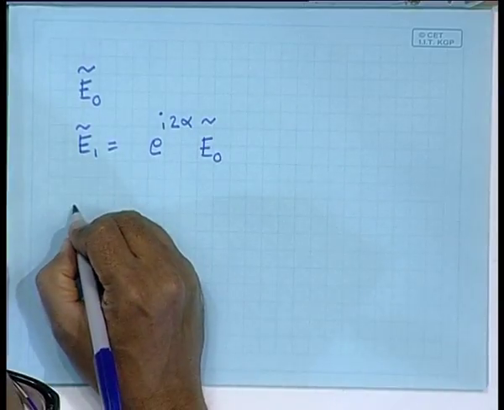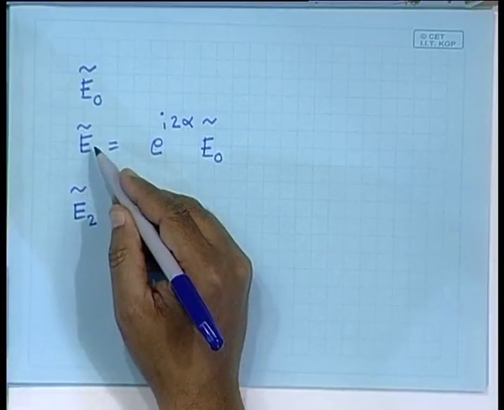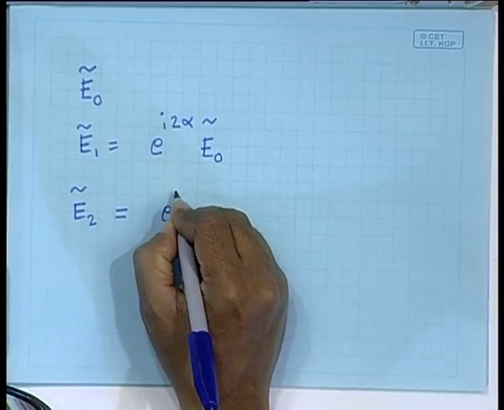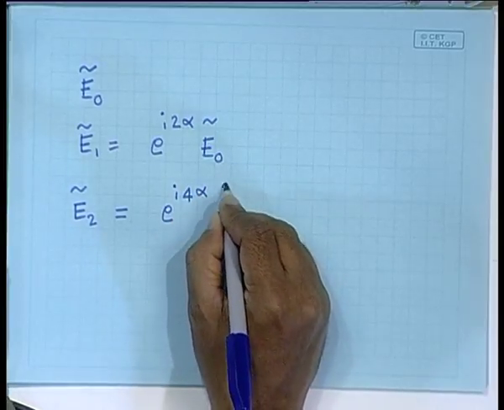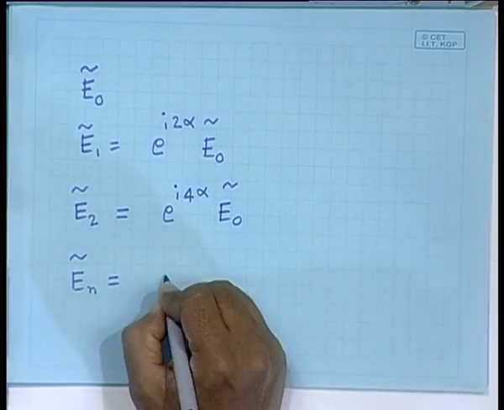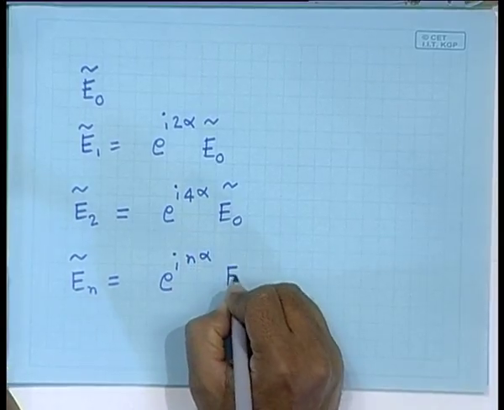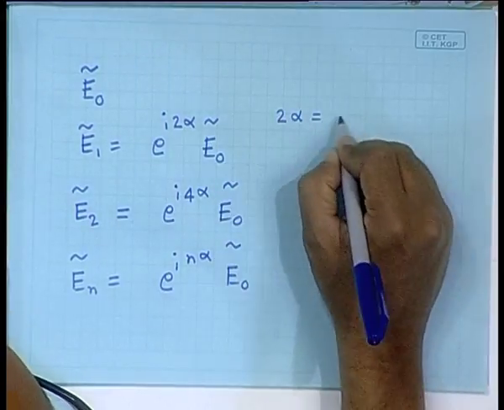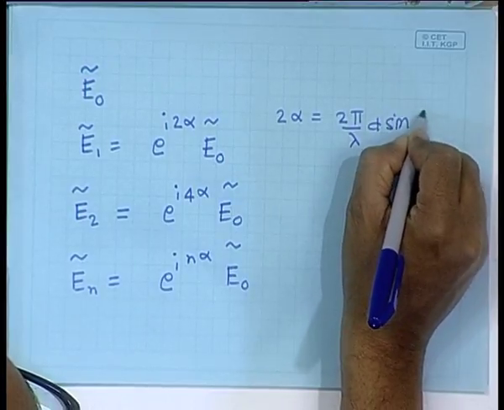The radiation from the second oscillator has an extra phase of 2 alpha with respect to E1. So, there is an extra phase of e to the power i 4 alpha with respect to E0, and the nth oscillator is going to be at a phase difference e to the power i n alpha with respect to E0, where 2 alpha is 2 pi by lambda d sin theta.